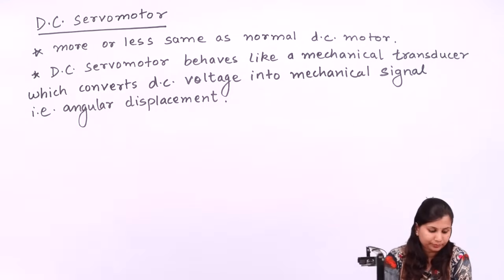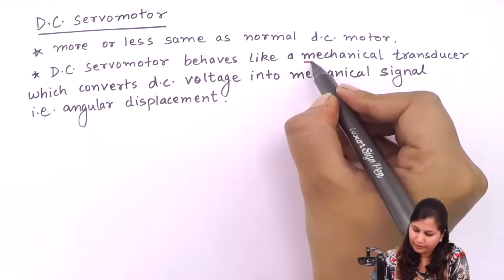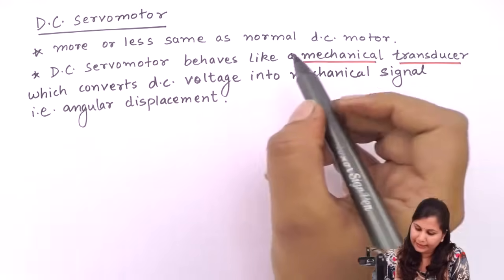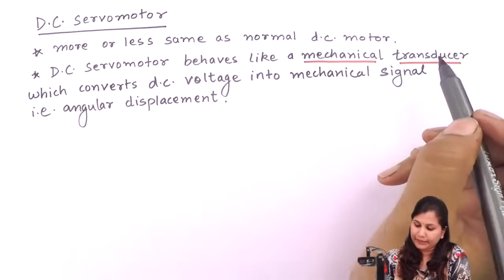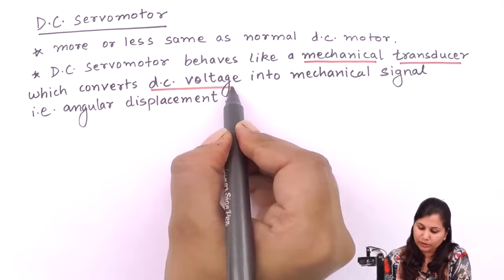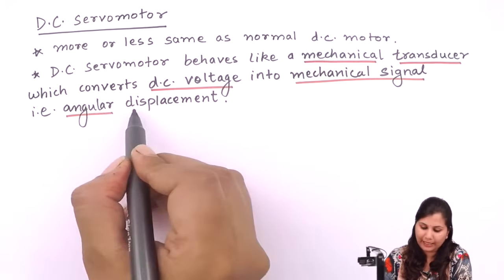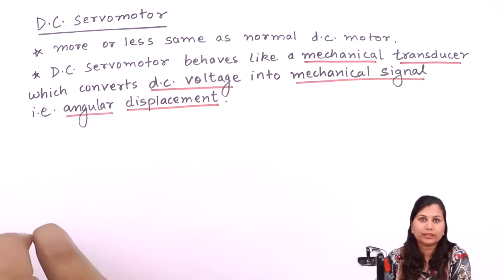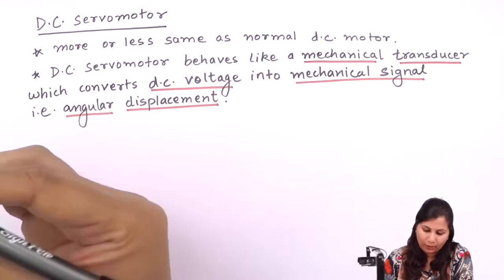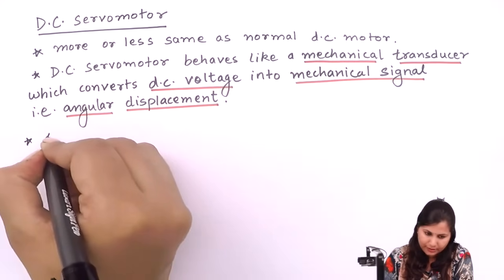So let's highlight that it is a mechanical transducer which is converting DC voltage into mechanical signal, and this mechanical signal is the angular displacement.